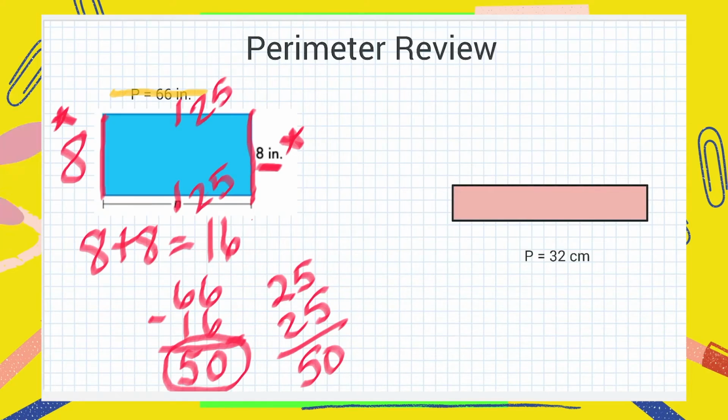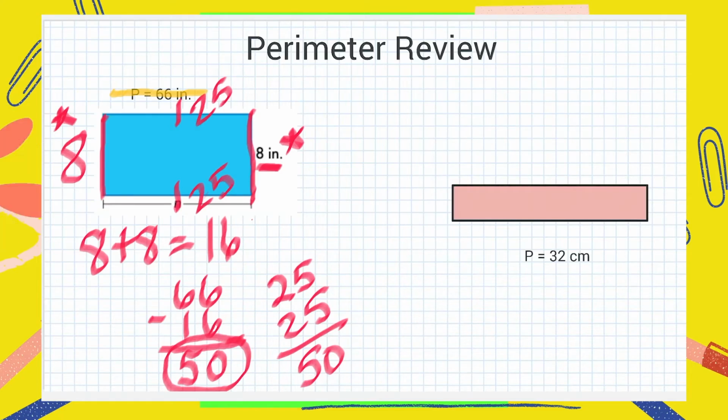If the total perimeter is 66 inches, then that means all of these sides equal 66. Very good. So let's check. 25 plus 25 equals 50. Very good. 50 plus 8 inches equals 58 inches. 58 inches plus another 8 inches equals 66 inches.